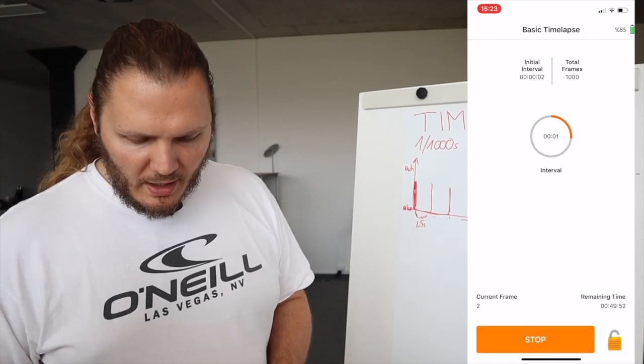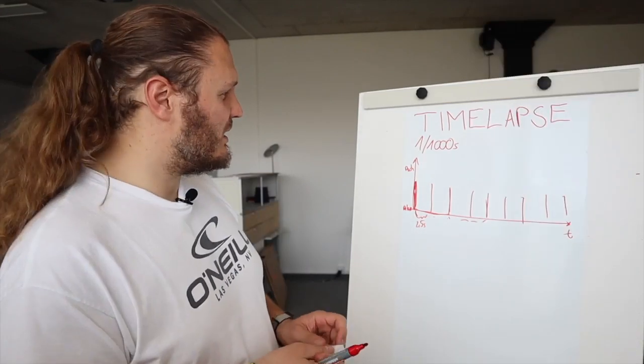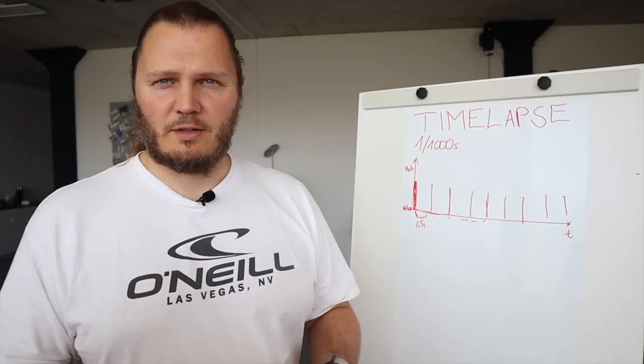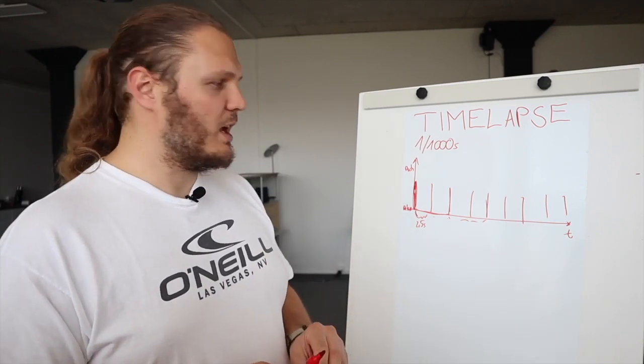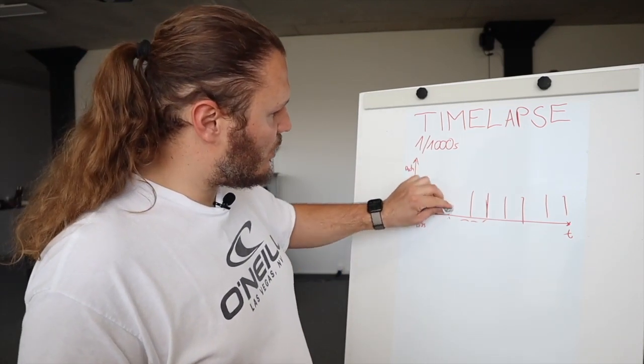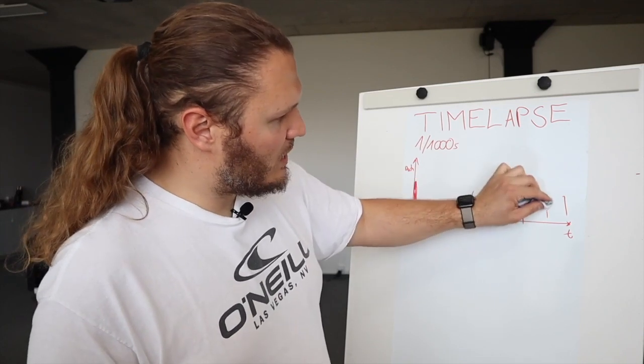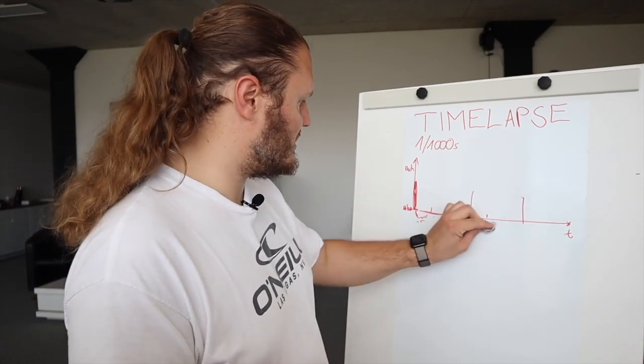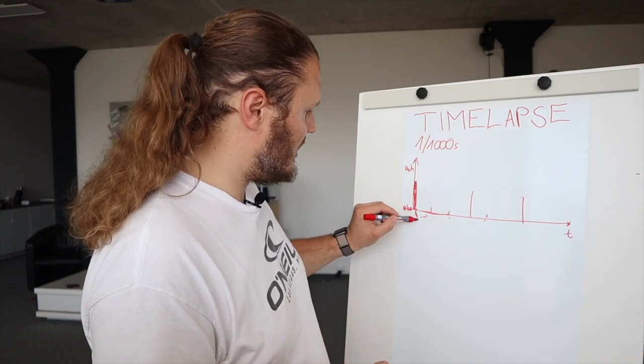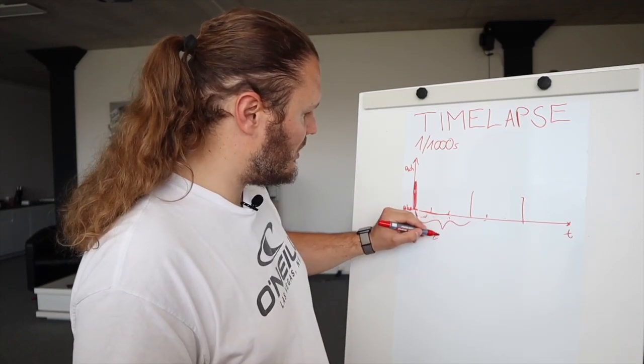Or maybe you will have something that takes much longer to change. Then you can say, you know what, let's go for 20 seconds, and you can change your interval.